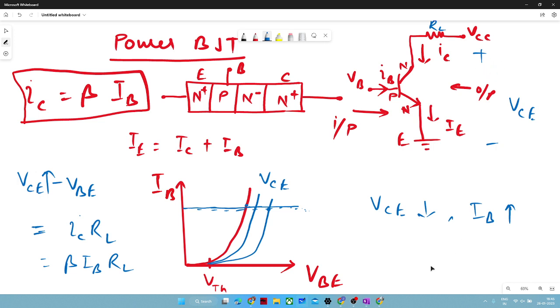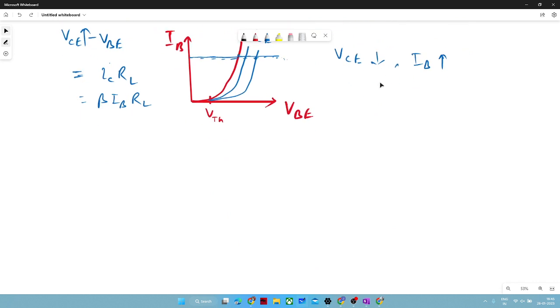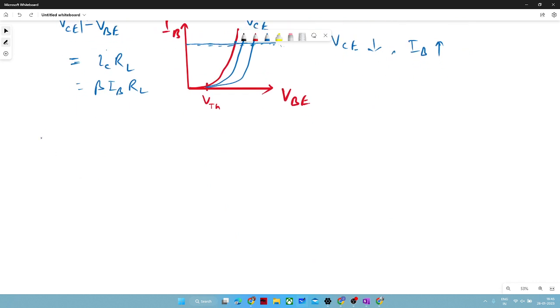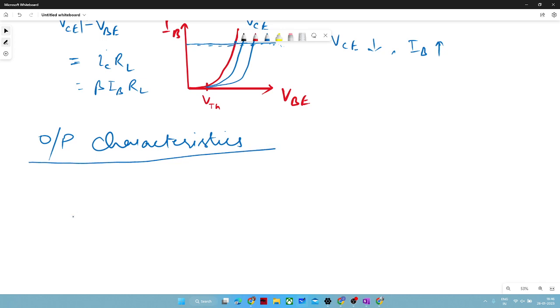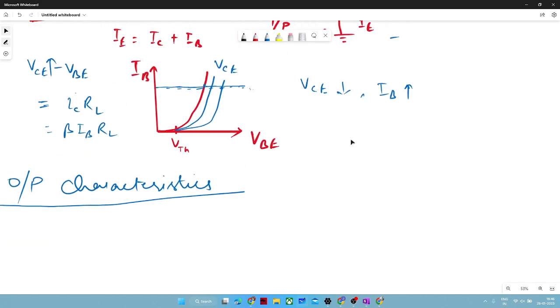So this is the input characteristics, and now we can see the output characteristics. Yeah, one more thing. Why do we call it saturation?